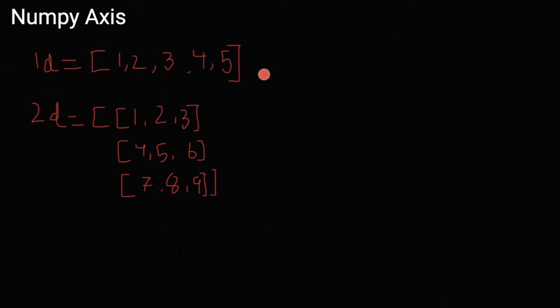So axis is kind of zeros and ones. This is a 1D array, so here the axis would be equal to 0 in a 1D array. I'll explain this in detail. Here in the 2D array, the axis will be 0 and 1.